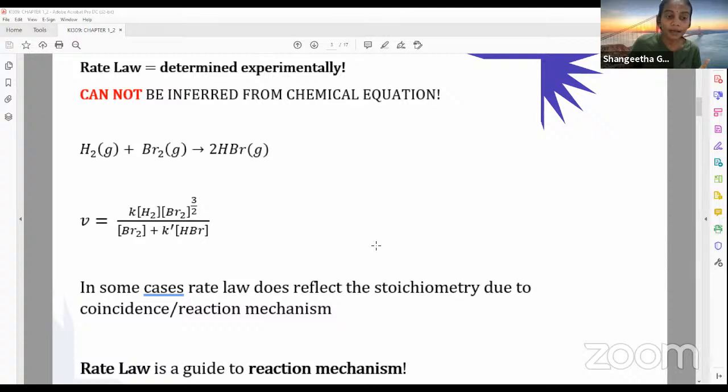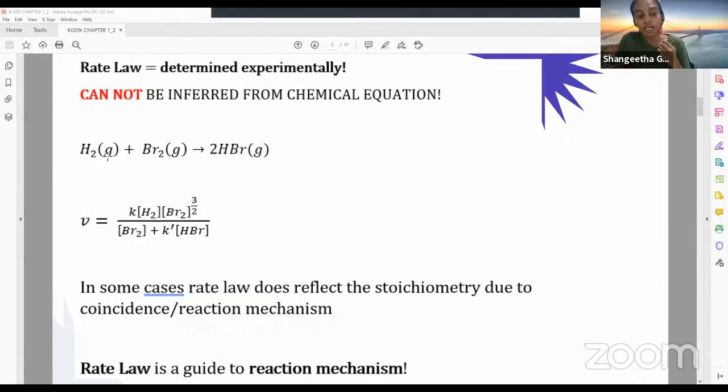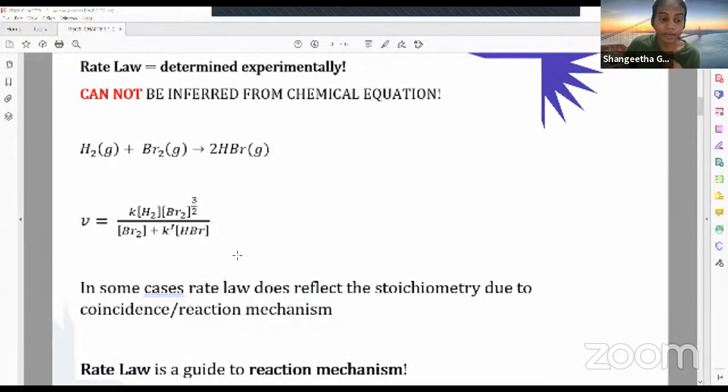Just to give you a very complicated example, in this example here, H2 in gas form plus bromine in gas form gives 2 HBr gas. However, the rate law equation for this particular reaction is very complicated.